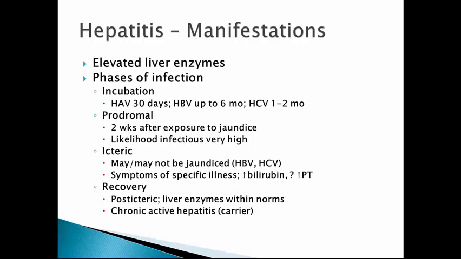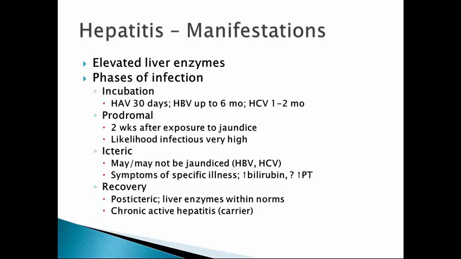So the alanine would be higher than the AST. You just figured out I couldn't come up with the long name for AST, didn't you? All right, so phases of infection.